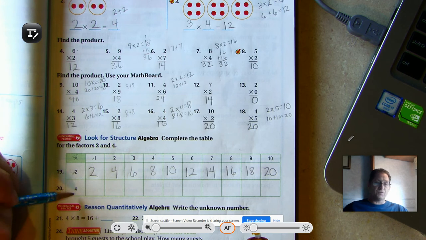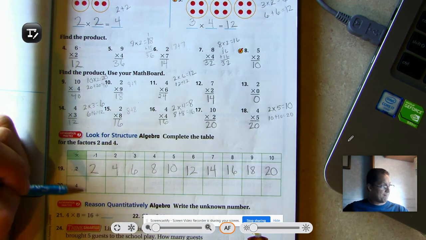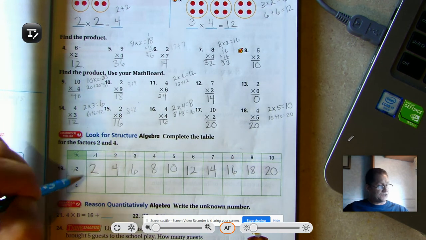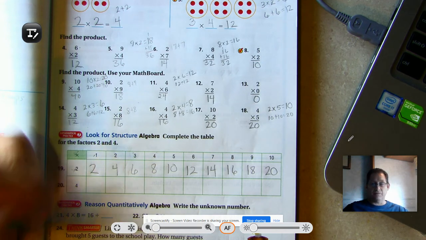Okay, so now when we multiply by 4, we know that it's the same thing as 2 times that number doubled.